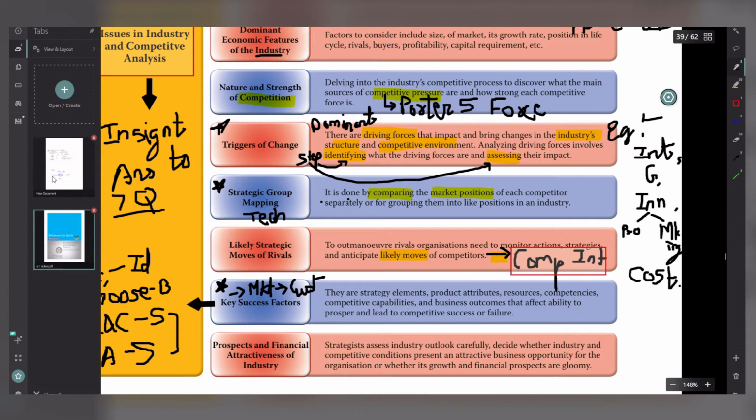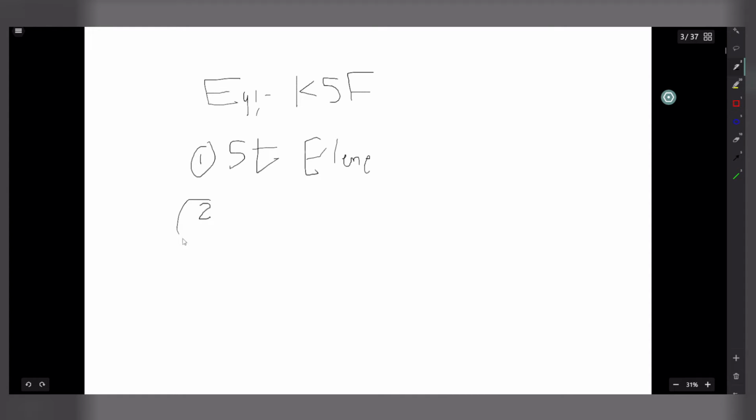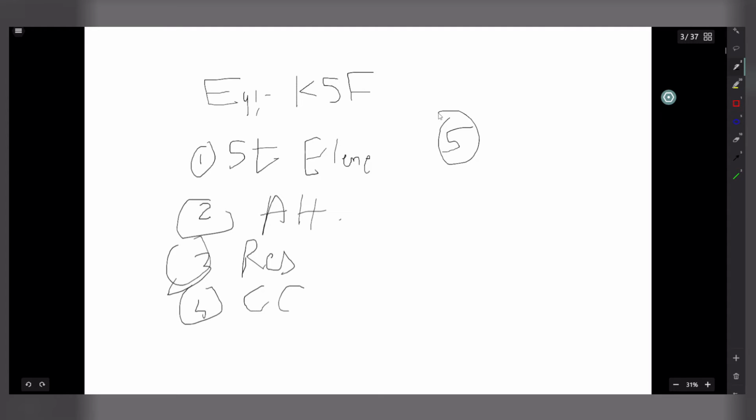You can note down examples of such KSF. They can be strategy elements, product attributes, resources of the organization, core competencies of the organization, competitive capabilities, the internal capabilities and the competitors' capabilities.